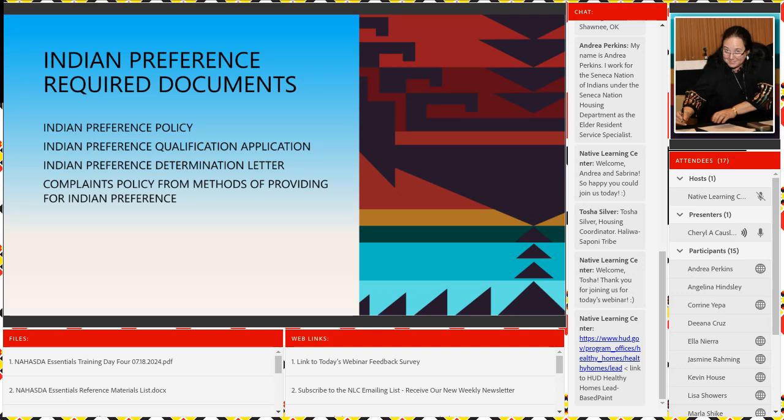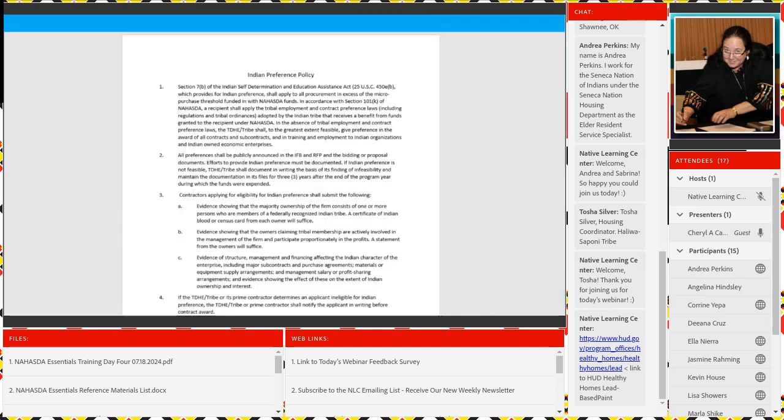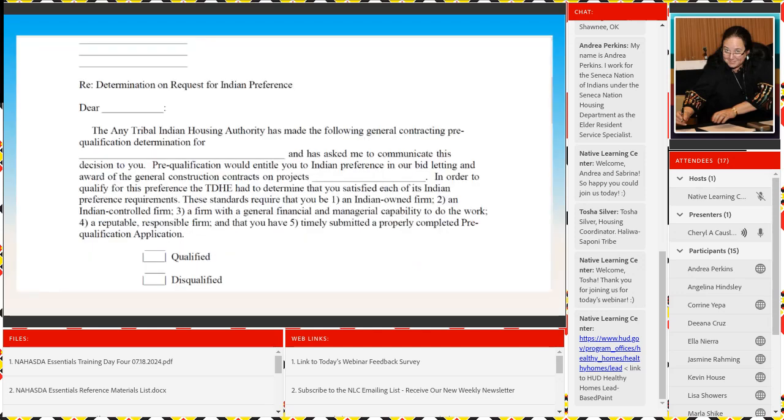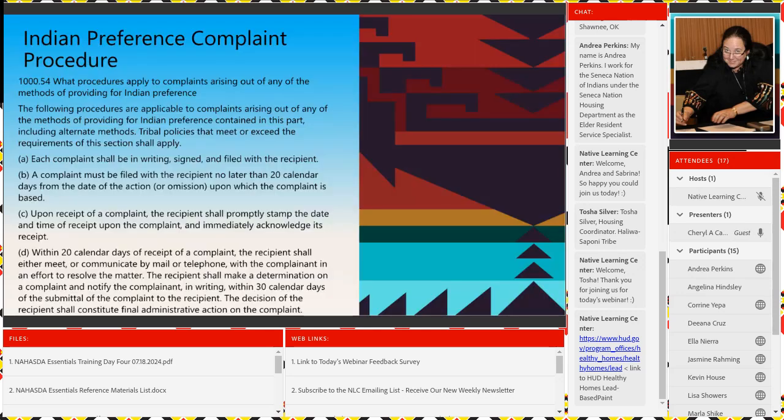And then you have to have a complaint policy for methods of providing for Indian preference. You should have those all. Your policy, the qualification application, 51% owned, the determination where you're qualifying or disqualifying them, and your procedure. You can read about that at 1054.